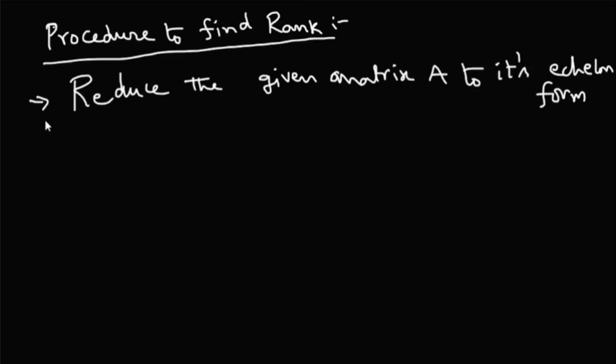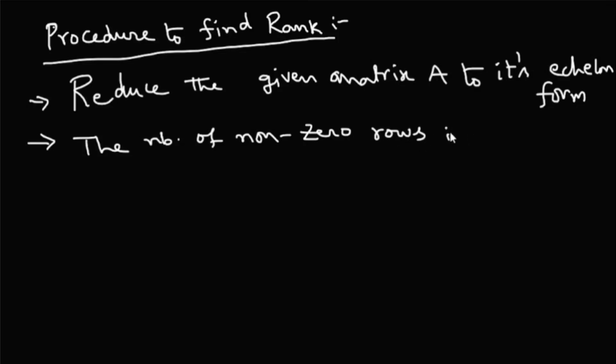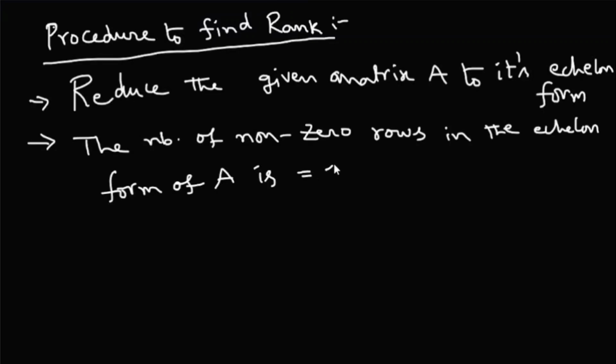This is the first step. And then the second step is the number of non-zero rows. The number of non-zero rows in the echelon form of the matrix A is equal to the rank of the matrix A.